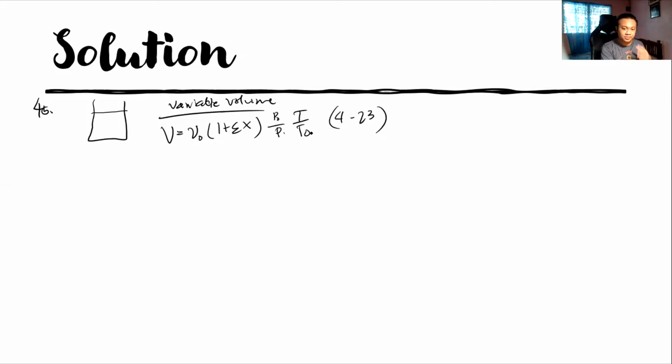Okay, so since we are not given the values of pressure and temperature, we can assume that P and P0 are equal. Because pressure loss matters if you are dealing with catalyst reactions, so you will use the Ergun equation.